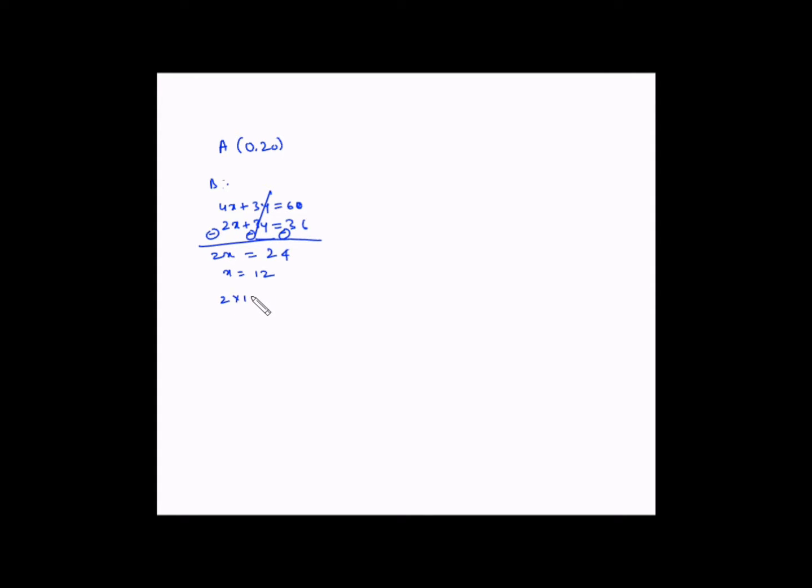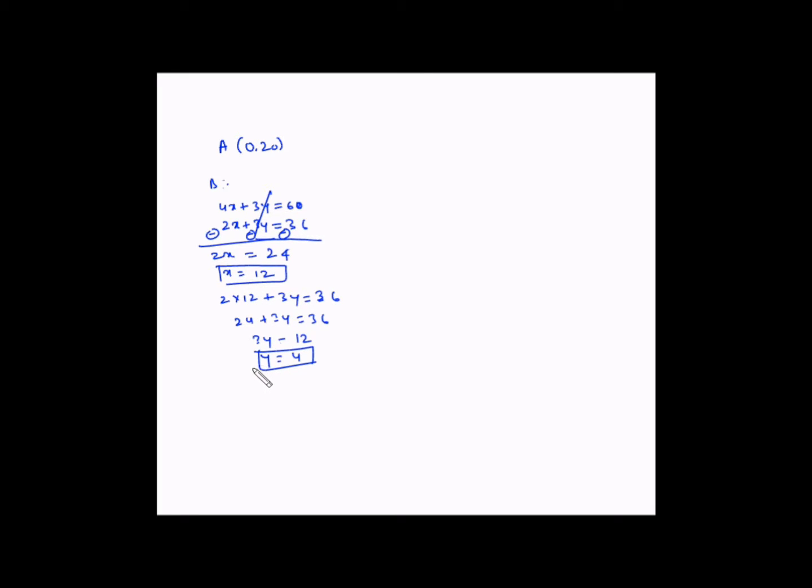2 multiplied by 12 plus 3y is equal to 36. Or 24 plus 3y is equal to 36. 3y is equal to 36 minus 24 is 12. Y is equal to 12 divided by 3 is 4.